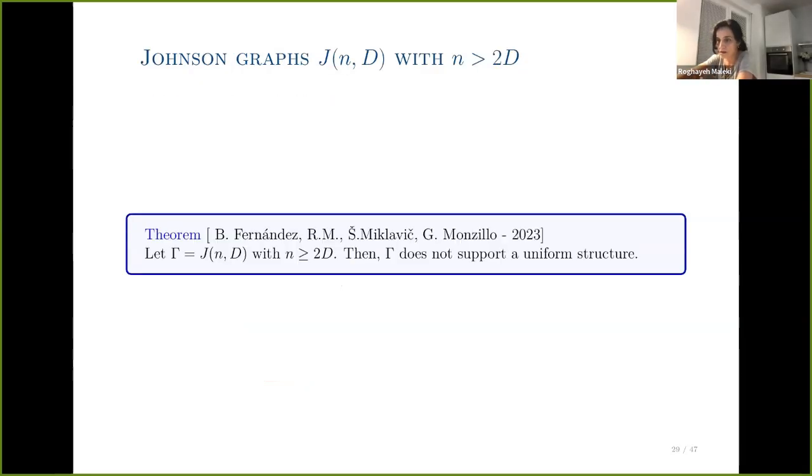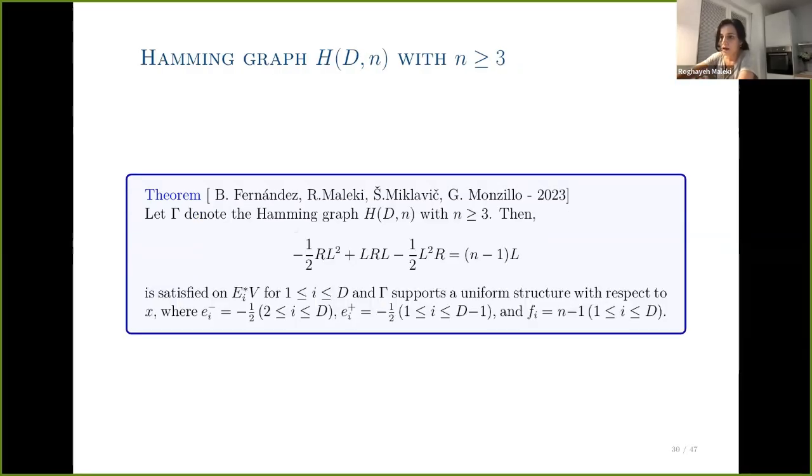And for the Johnson graph, when n is greater than or equal to 2d, I should exclude this equality here, because for n equals 2d, we already know that the Johnson graph is tight and it doesn't support a uniform structure. But for n strictly greater than 2d, we were able to show using some other results that the graph does not support the uniform structure. We move to the Hamming graph H(d,n) with n greater than or equal to 3.